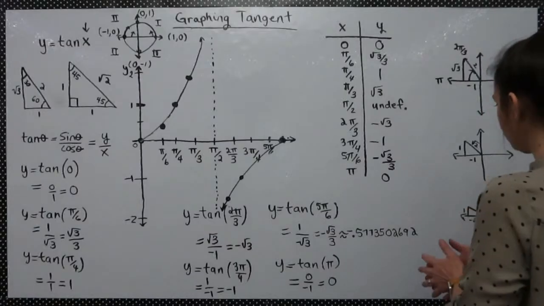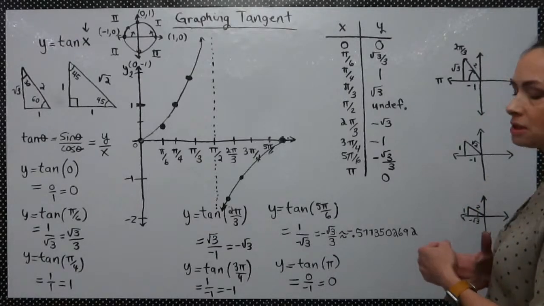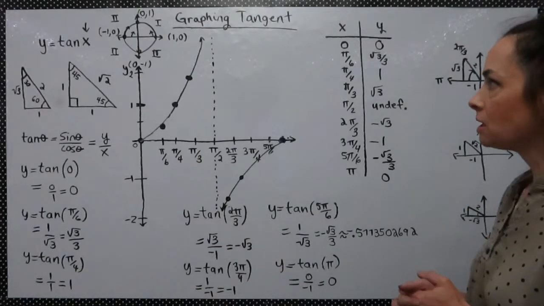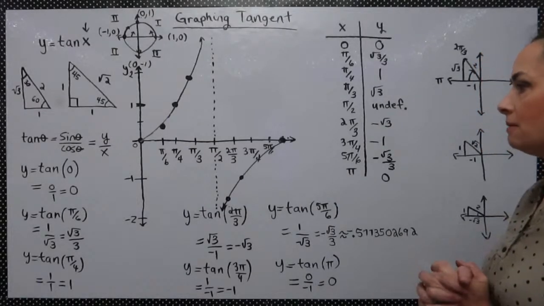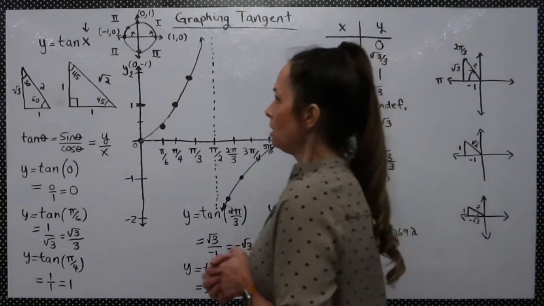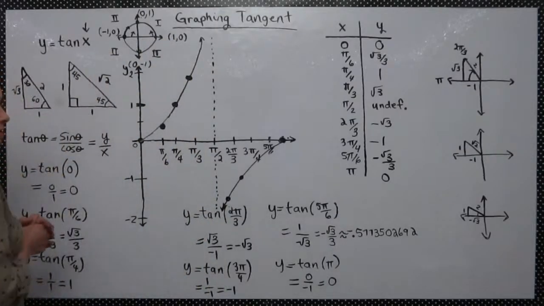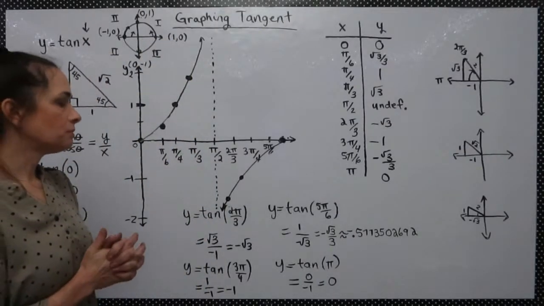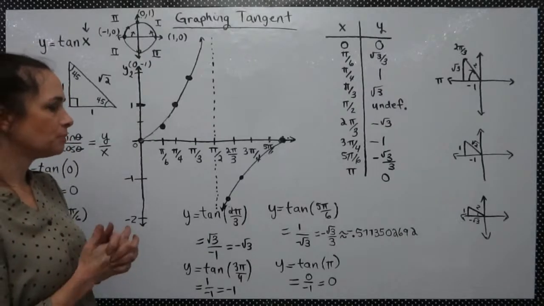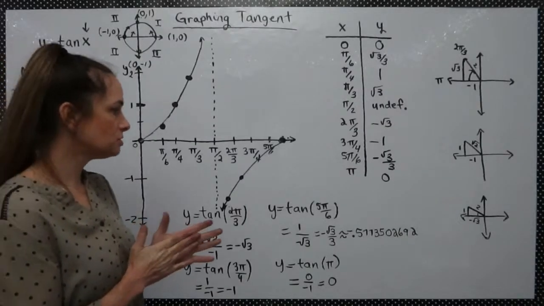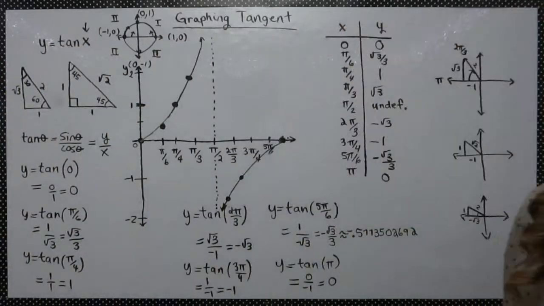And I somehow managed to take up almost the full hour explaining this one graph, or trying to. I really want to finish talking about the domain and range of tangent, and explain a little bit more about it.